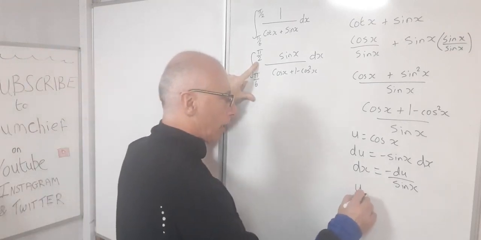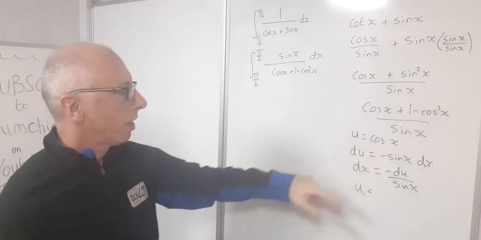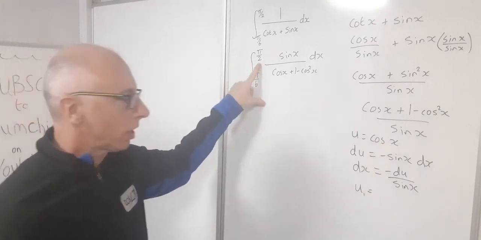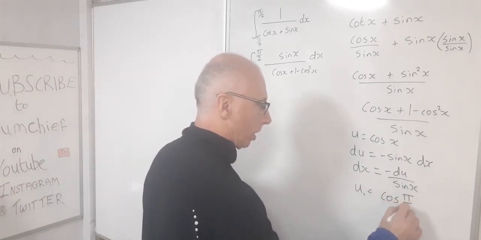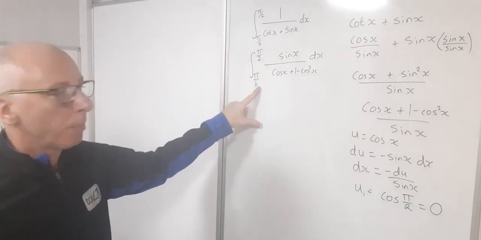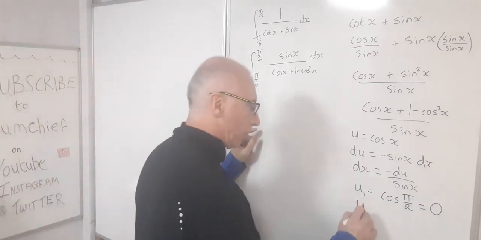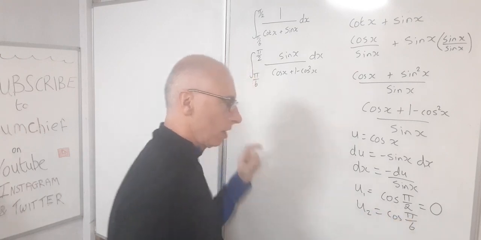So the upper bound, well, u equals cosine of x. So u1 will be cosine of pi over 2. So that we know, that is just 0. And then our lower bound, u2, will be cosine of pi over 6.